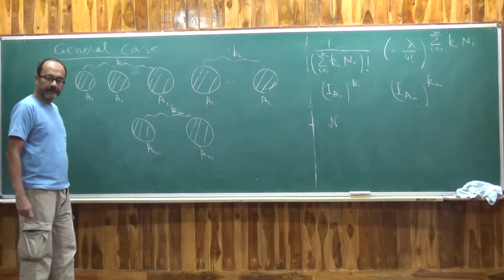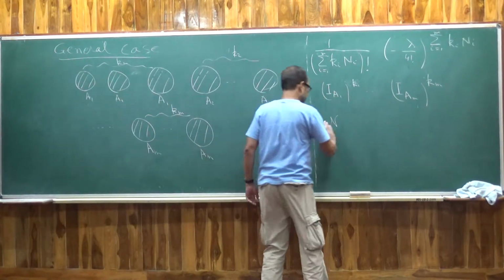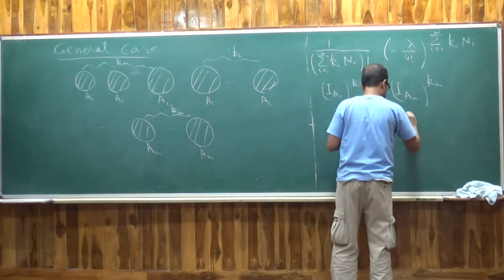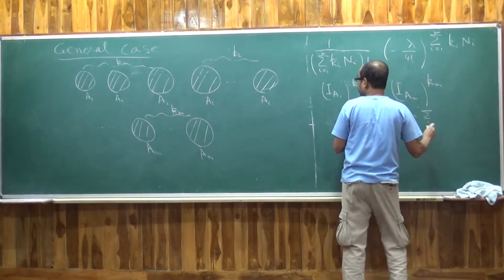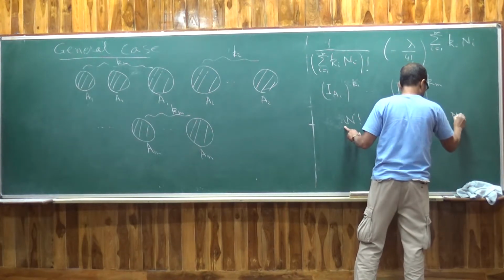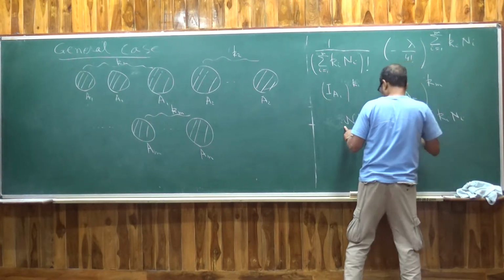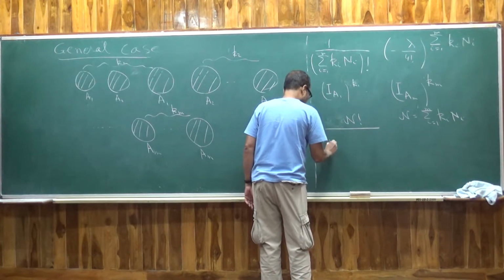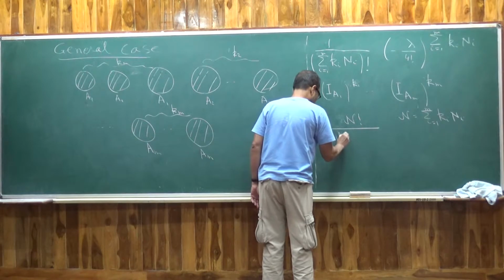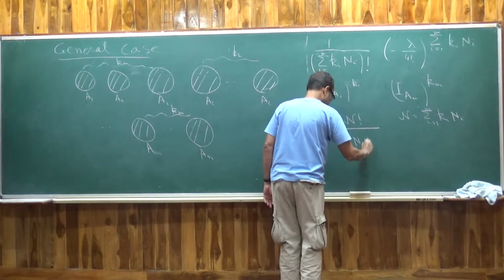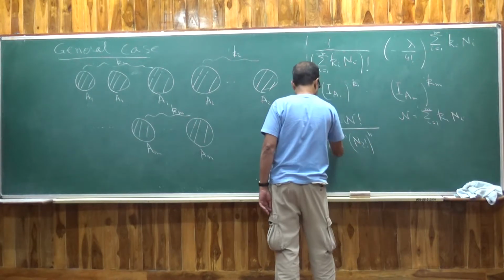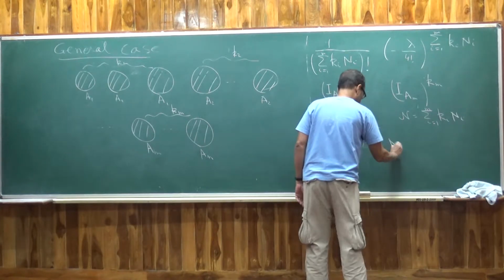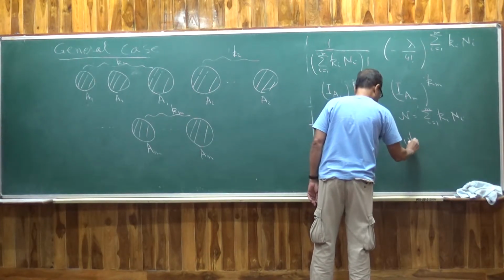So that number is given by N factorial, where N is the sum over i of ki ni, the total number of vertices, divided by n1 factorial to the power k1, n2 factorial to the power k2, up to nm factorial to the power km.